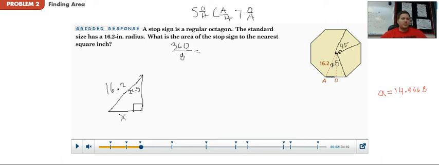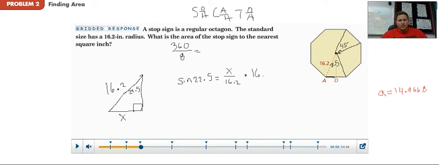So if I'm starting from the angle, this right here is going to be opposite over hypotenuse, so I'm going to use my sine. So I have a sine of 22.5 is going to equal the opposite, which is x. My hypotenuse is going to be 16.2.